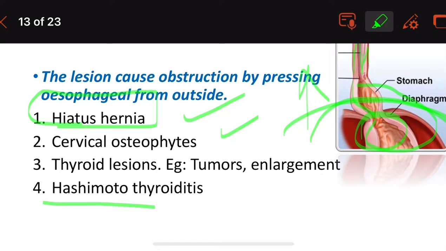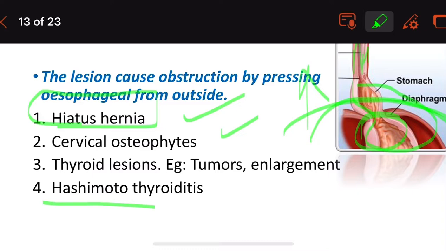Hashimoto thyroiditis is nothing but an immune system disorder where the immune system will attack the thyroid. Initially, there will be inflammation which is causing the leak of the thyroid hormones. Whenever there is a leak of the thyroid hormones, there will be hyperthyroidism. Later on, it may turn into hypothyroidism because of the excess leakage. But initially, what's happening in Hashimoto thyroiditis?